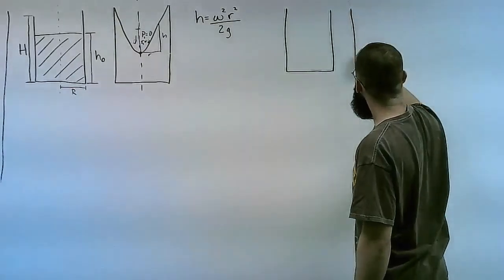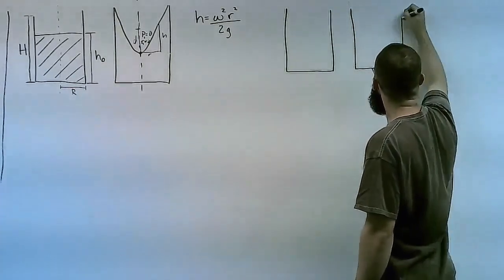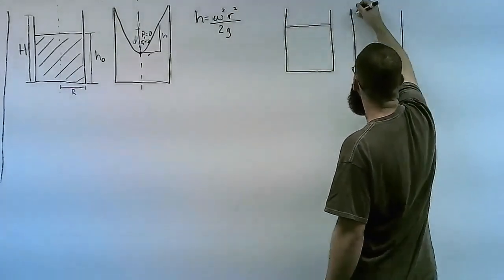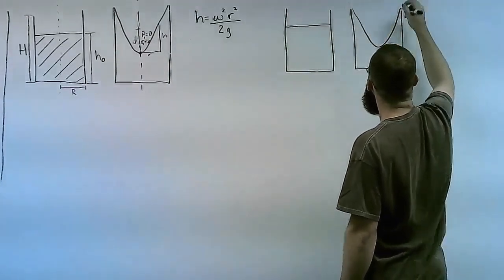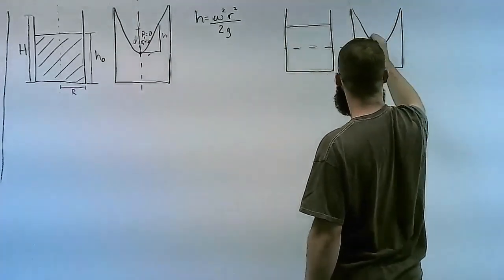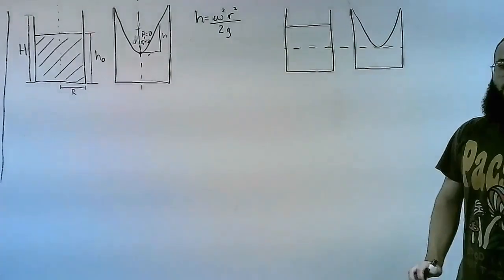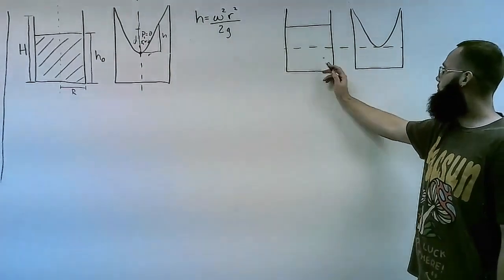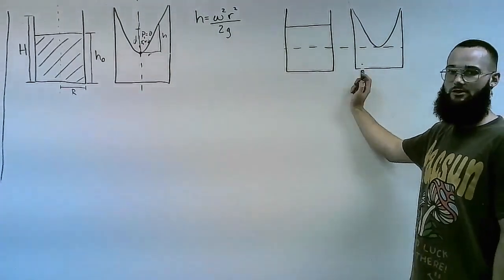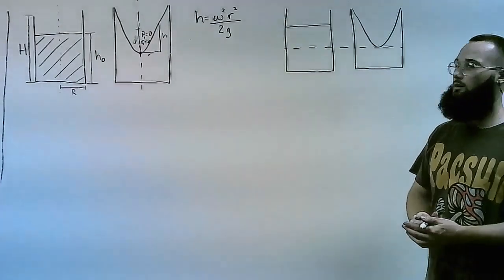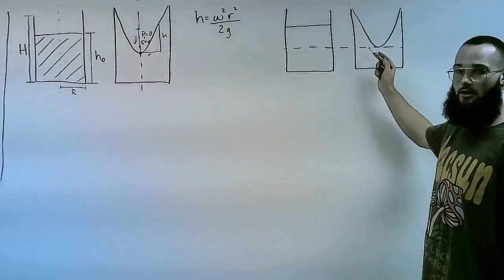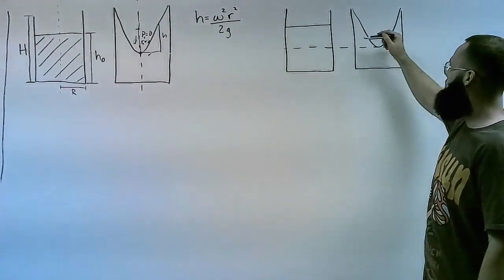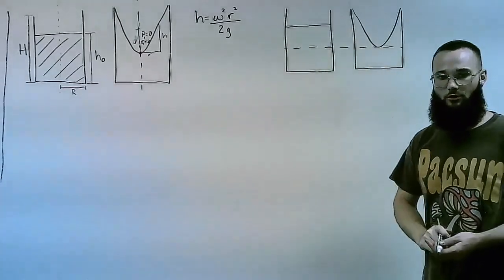I'm going to redraw these cylinders. Height of fluid there, and variable height. As you can see, the volume of these cylinders under the dashed line will be equal to each other. So that means, because none of the fluid is spilled, the volume above the dashed line also has to be equal.